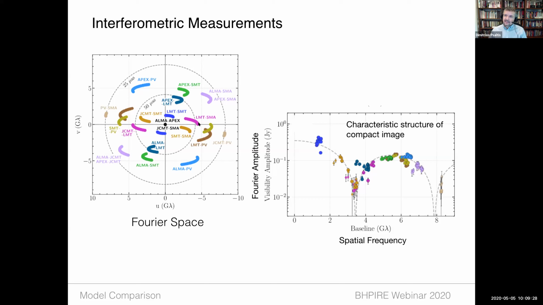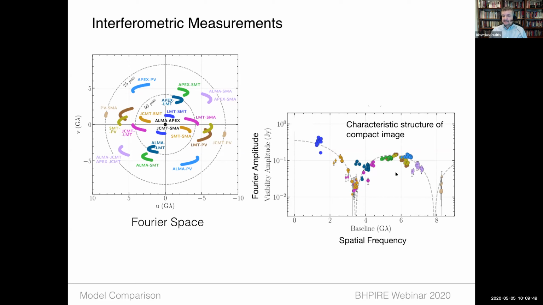For each one of these data points, we have a complex number, the complex correlation. And if we plot the amplitude of that complex number as a function purely of the radial distance from the center of the Fourier space, so we collapse this 2-dimensional space into 1-dimensional, the magnitude of the spatial frequency, then this is what the data look like.